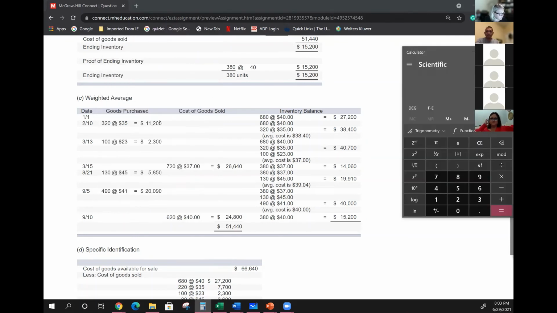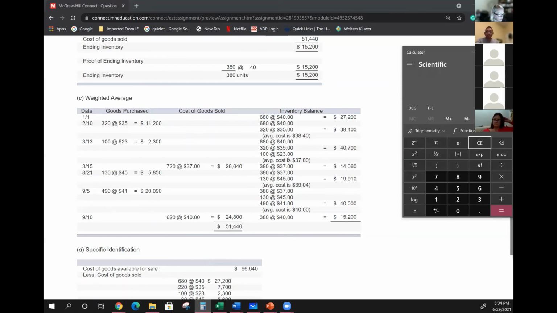In this case, we bought 100 more. So now we have 100 at 23, which is an additional $2,300. So I have my 38.4 plus the 2,300, and that's where the 40,700 comes from. So now I have the 1,000 plus the 100. It's 1,100, right? So it's going to be 40,700 divided by the 1,100.